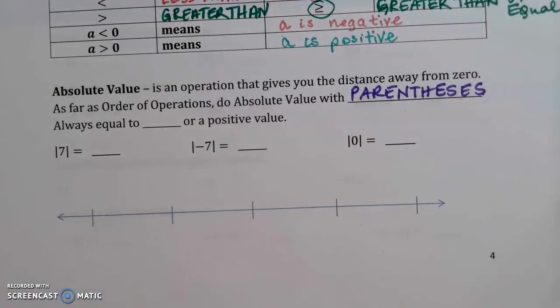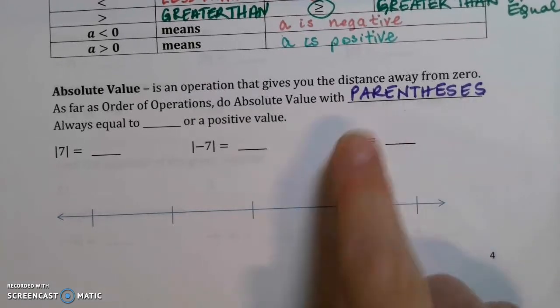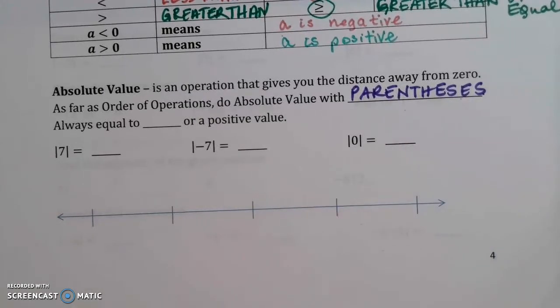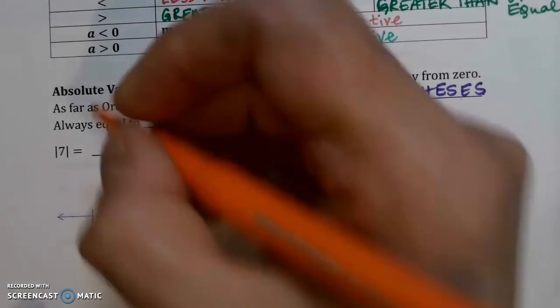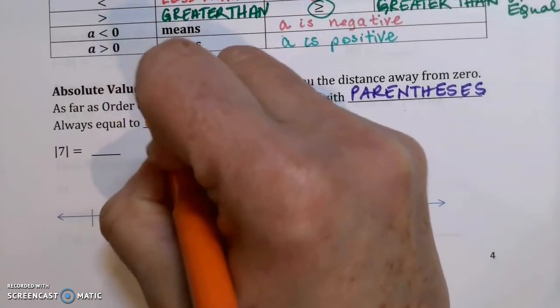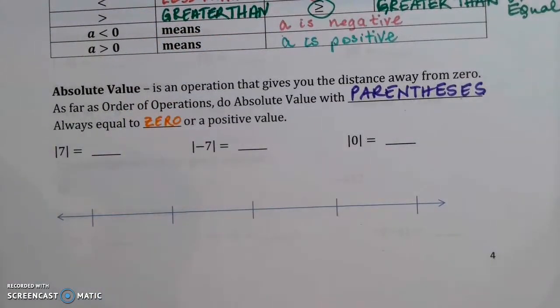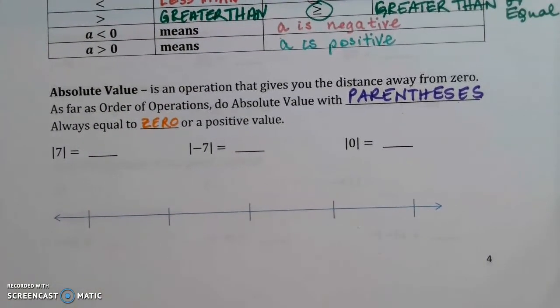So if there's anything inside those absolute value symbols, you've got to do that before you actually take the absolute value, because we're going to have those put in with all of those brackets and parentheses and anything that is telling us that this thing inside of here has to be done first. Absolute value is always equal to either 0 or a positive value, because we could be right at 0 or we can be a distance away from it.